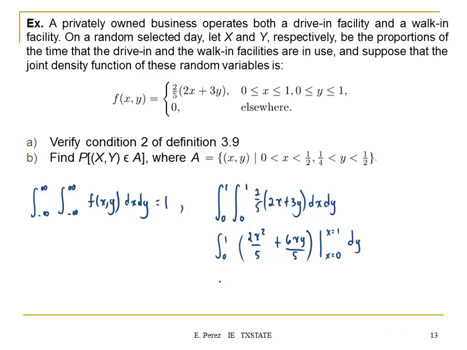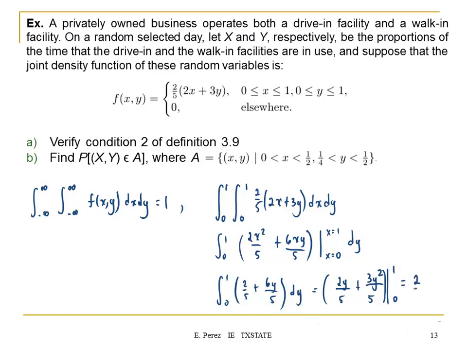So if you solve this, then you get the second integration from 0 to 1, 2 over 5 plus 6y over 5 dy, and this is equal to 2y over 5 plus 3y squared divided by 5 from 0 to 1.